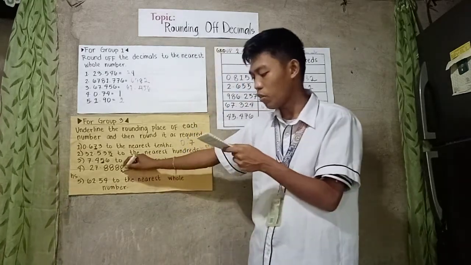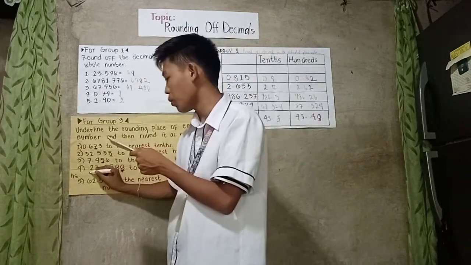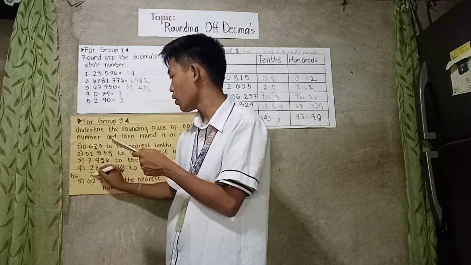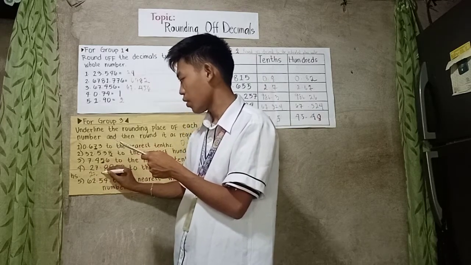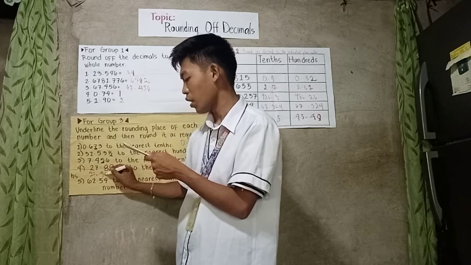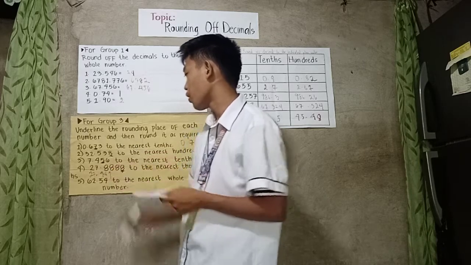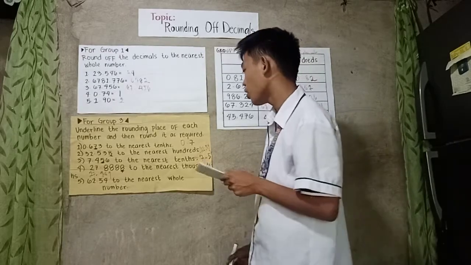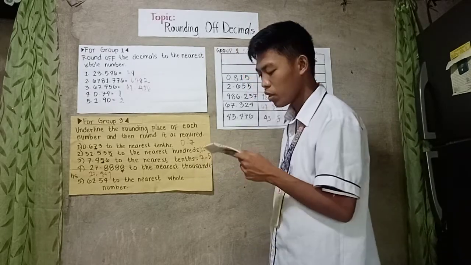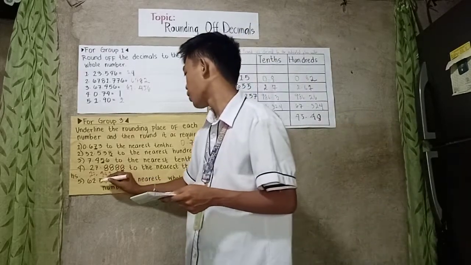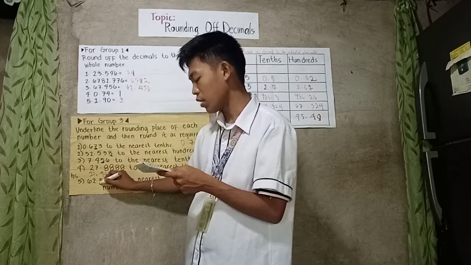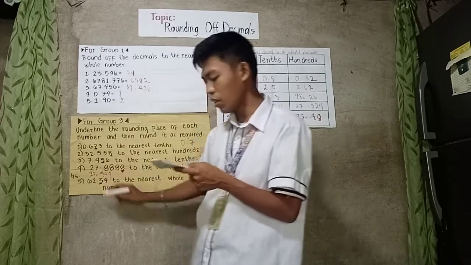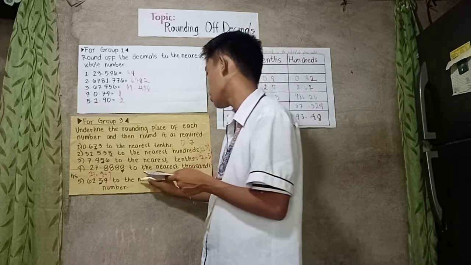And if we're going to round it, it will become 27.889. Lastly, for number 5, we have 62.54 to the nearest whole number. So we underline the 5 as the underlined digit. And the answer for this is 63.